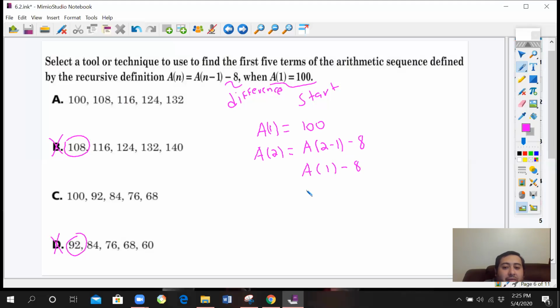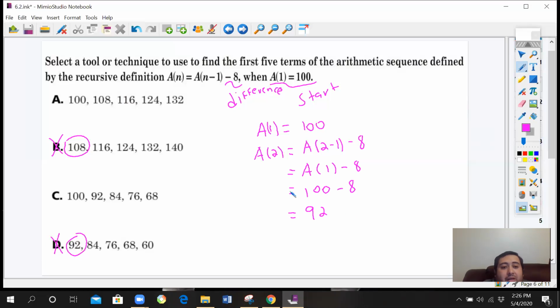And then you have 100 minus 8. So we have 92.